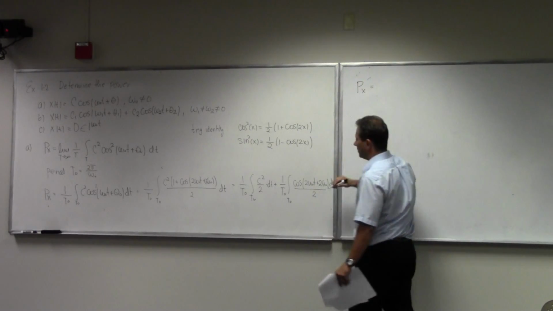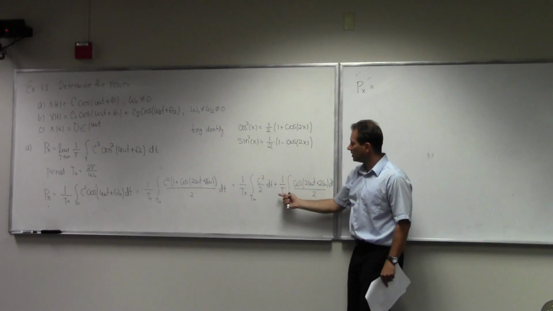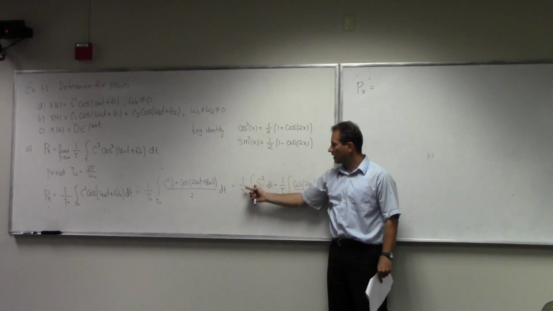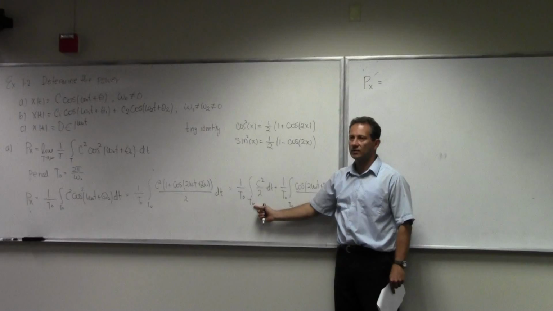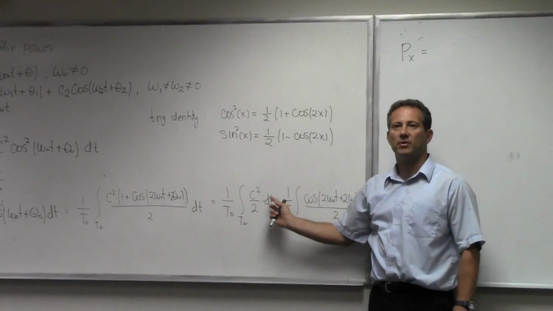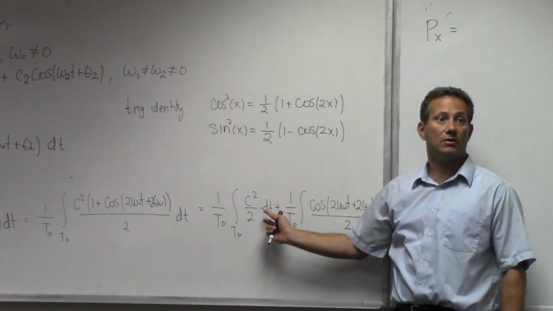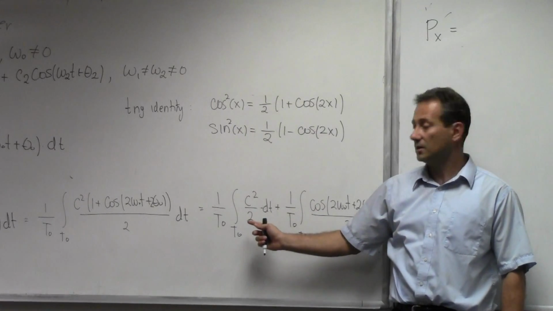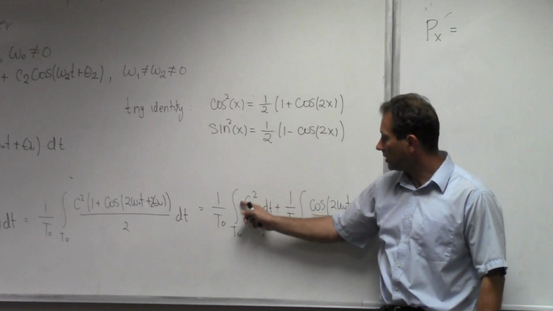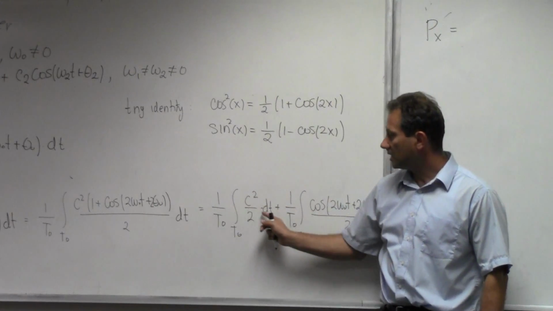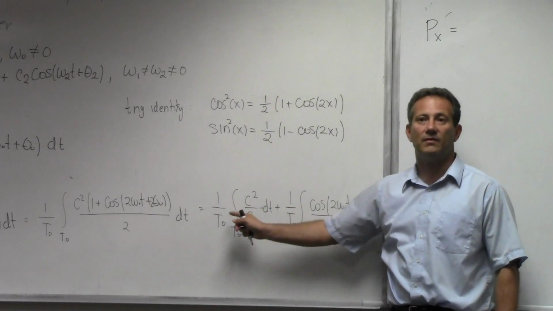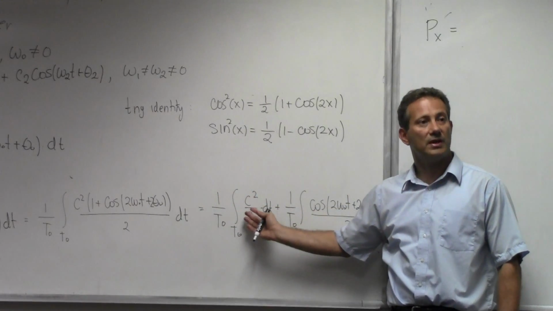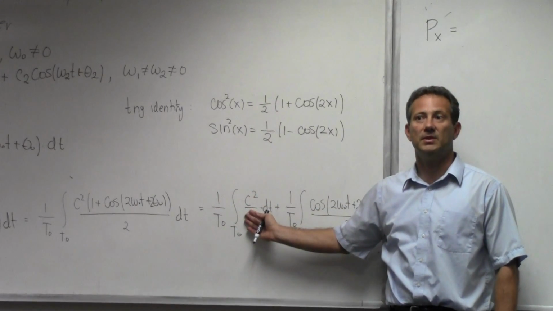We can integrate, but let's think about what we're doing. The operator 1 over t0, integral over t0, dt, performs time domain averaging of whatever is inside. I'm integrating the area under the curve and dividing by the length of the interval, so I'm looking for the average value of the function.